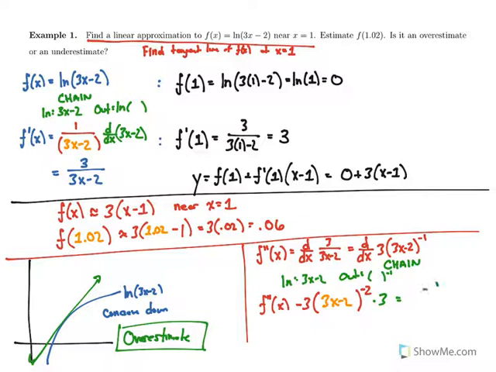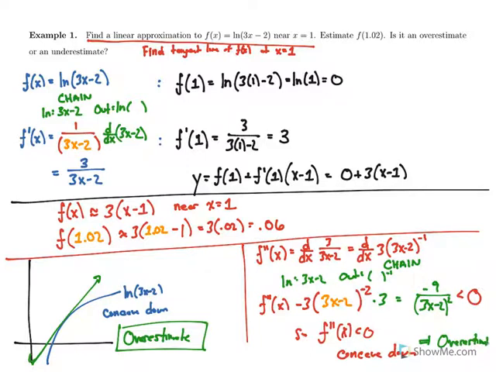That's going to be negative 9 over 3x minus 2 squared, which will always be less than 0. So that means that the second derivative is less than 0. That means that this is concave down, which means that we have an over estimate.